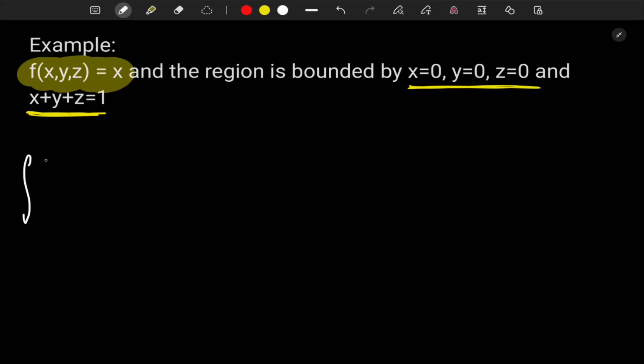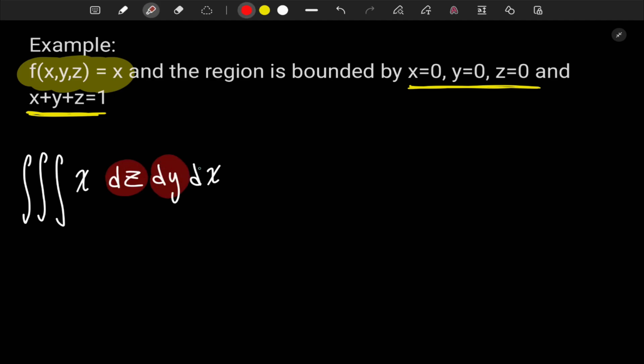So our solution will be something like this: dz dy dx. So the solution is with respect to three variables.